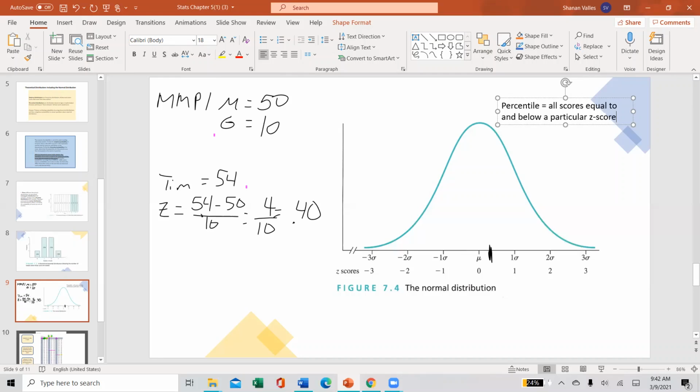Einstein was in the 99.9997th percentile, meaning he was smarter than 99.9997% of the people out there. If you are really low and below the mean, let's say someone told you you're in the 5th percentile, that means you're equal to and above 5% of the people out there.